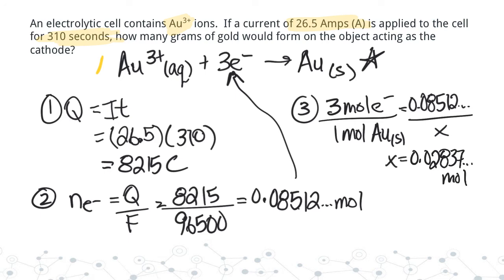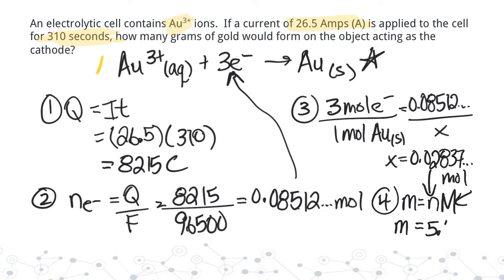moles of solid gold. And then finally, in our last step, because we're asked for mass, we're going to do mass is equal to the moles times the molar mass. The molar mass of gold is 196.97, so I'm running out of room here. I'm not going to put in those values. But once we've done that, we're putting in the moles there, and we're putting in our molar mass for gold here.